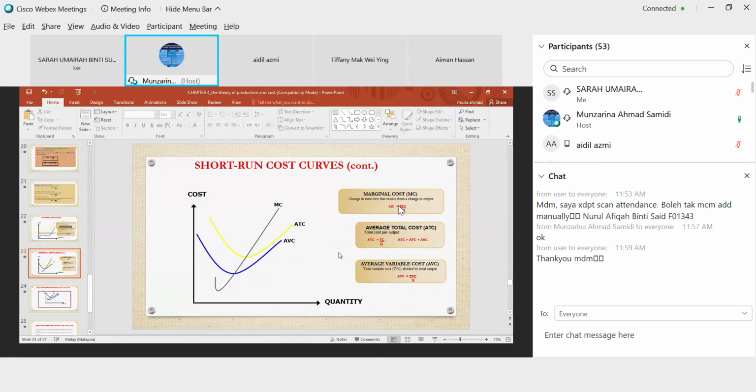This is your marginal cost, average total cost, and average variable cost. Let me also show you the average fixed cost.